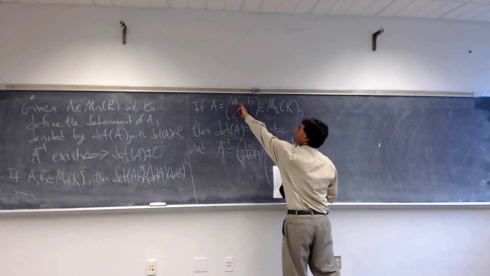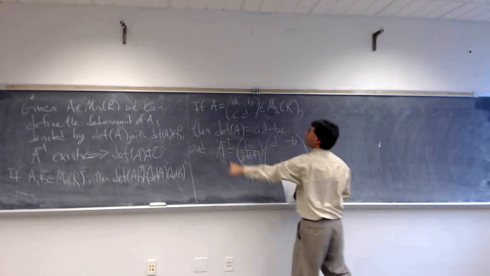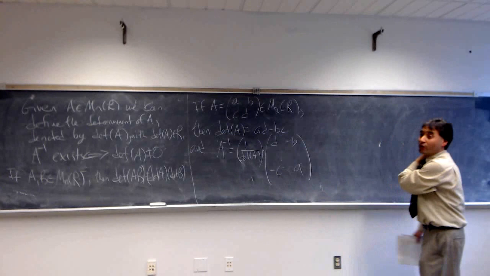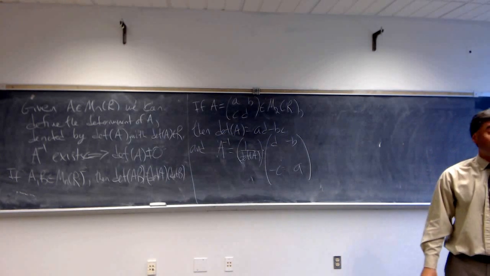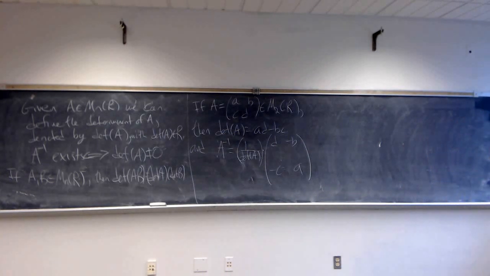So these two entries switch, these two pick up negative signs, and then you also have to multiply the entire matrix by 1 over the determinant. And you notice that since the determinant is not 0, 1 divided by a non-zero number will still be a number. And again, in the notes I verified this calculation. So that's a little bit about matrices, and we will do some examples with these, particularly the 2 by 2 matrices.